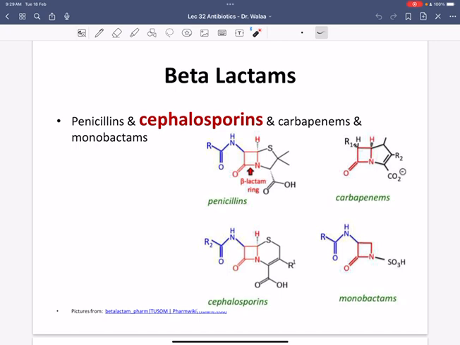As you go down the generations of cephalosporins, we have less gram-positive coverage and more gram-negative. First generation cephalosporin has good gram-positive coverage, but again, it doesn't cover resistant gram-positive pathogens like MRSA. If you're talking about methicillin-sensitive Staph aureus, or MSSA, first generation cephalosporin is a good choice.